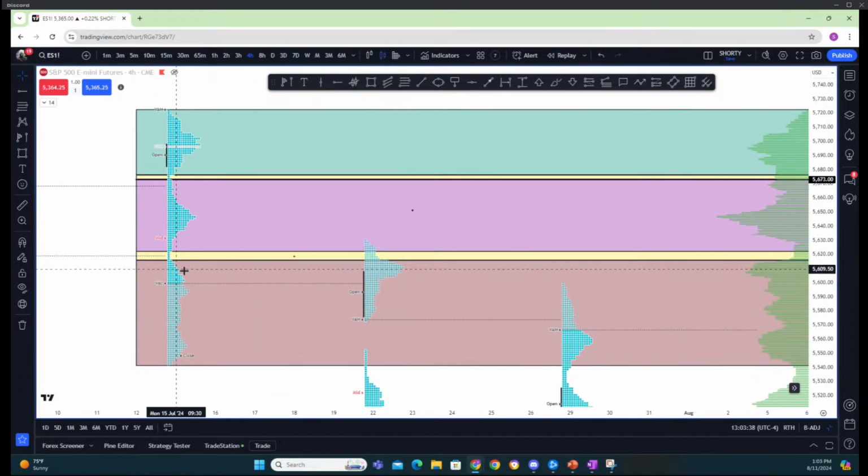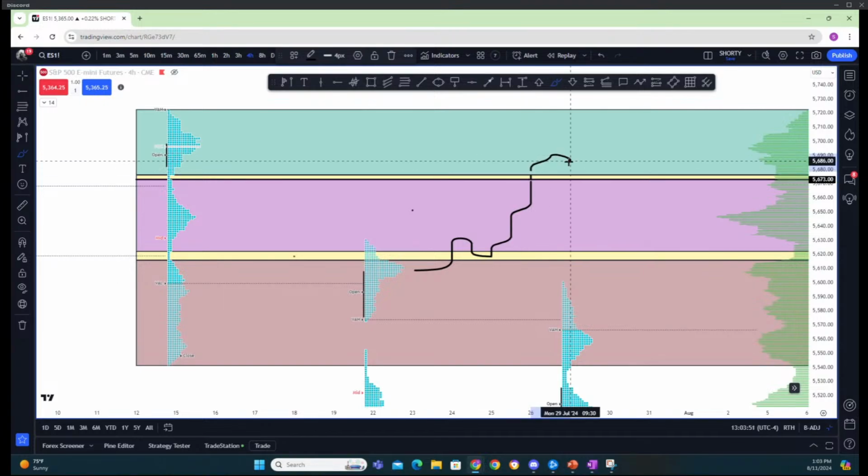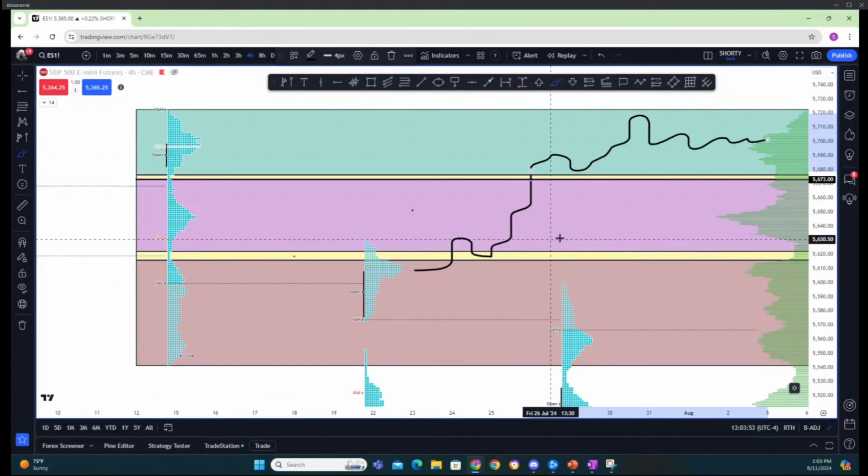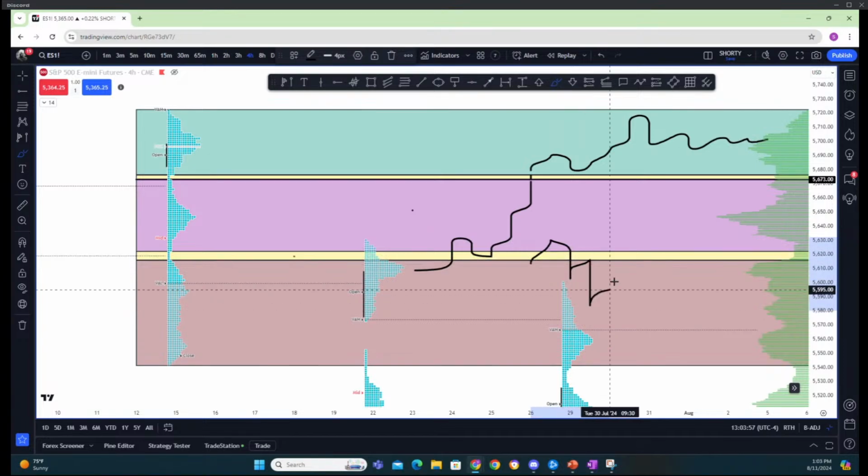If you're able to auction above this and hold this level, what does it mean? Most of the time you're going to go to this level and see if these sellers are letting you in to trade inside the final distribution. Either you come here, peek above and fail, which means you're going to go to the bottom.